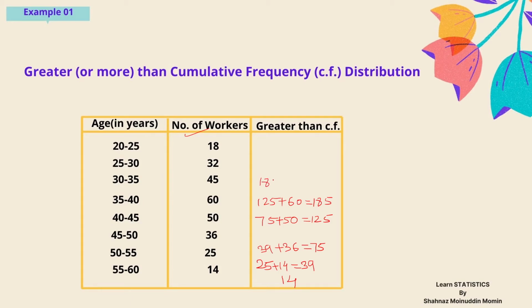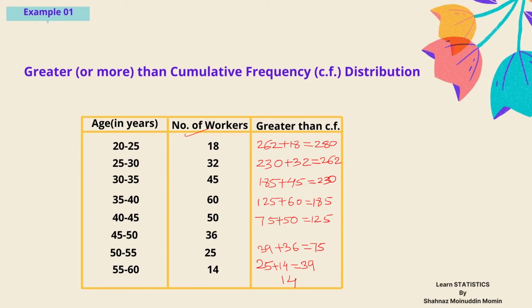Likewise 185 plus 45, 230. 230 plus 32, 262, and the last one is 262 plus 18, which is 280.